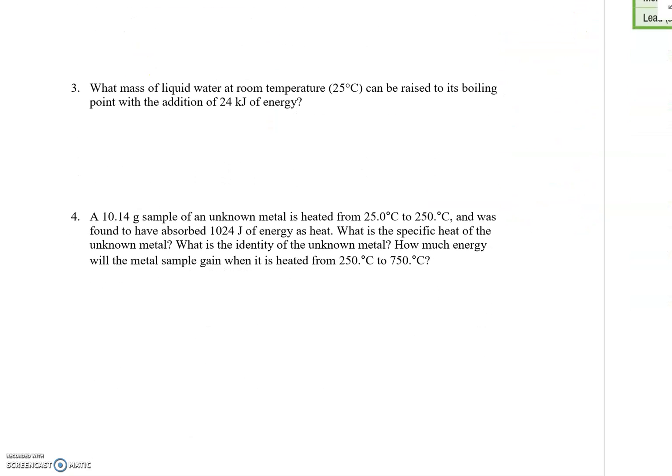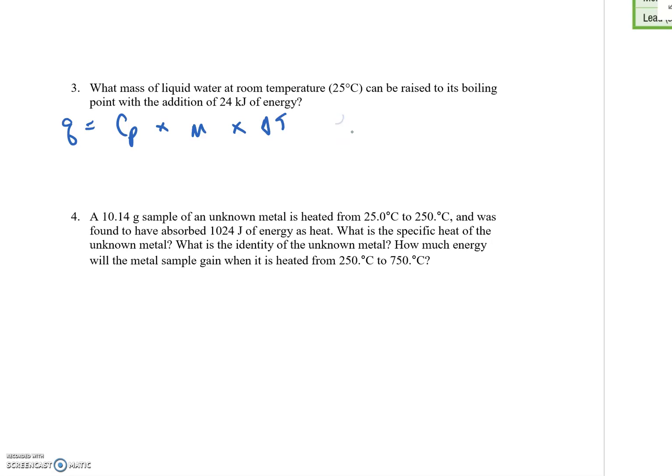All right? So if this is our equation that we've been working with, Q equals Cp times M times delta T, I think that the easiest version to use is this version, Cp equals Q over M times delta T. But we don't always get that option.